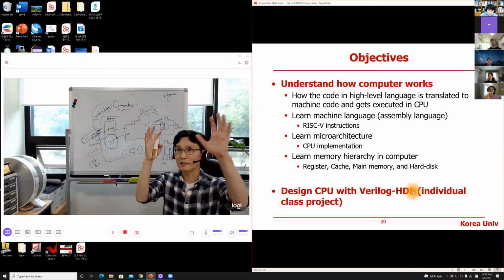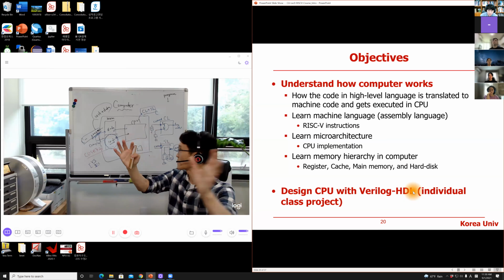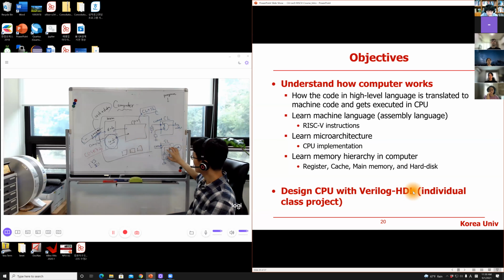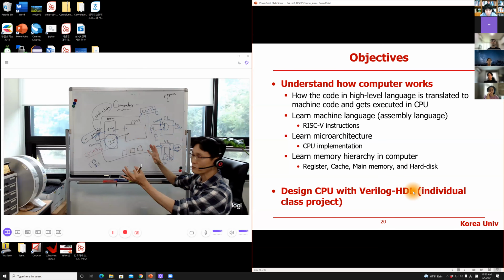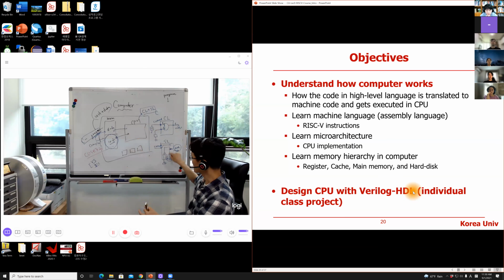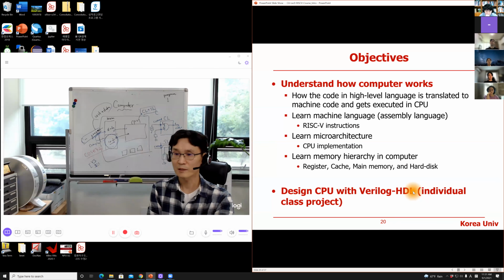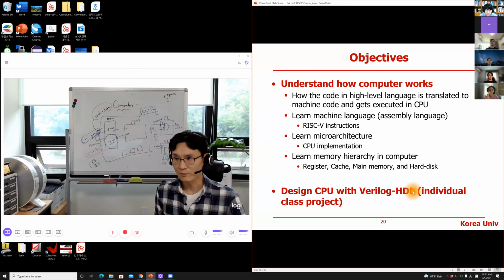Then that description will be translated into AND gates, flip-flops, NOR gates, and so on. Your description will be translated into all these different components: AND gate, OR gate, NAND gate, flip-flop, and so on. So I assume you know Verilog HDL.